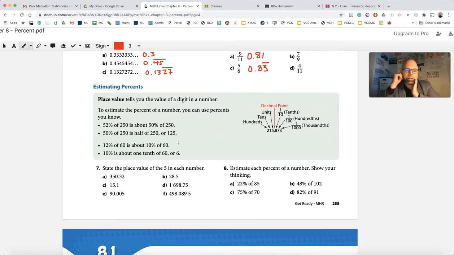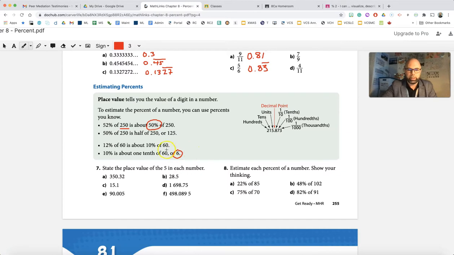Now we get into estimating percents. Place value is going to tell you the value of a digit in a number. To estimate the percent, you can use percents that you know. So 52% of 250, mentally you want to just round that over to 50%, and then you can say, 50% of a number is half, so I know that's going to be 125. That's an easy estimation hack. 12% of 60, well, I know that 10% of 60 is 6.